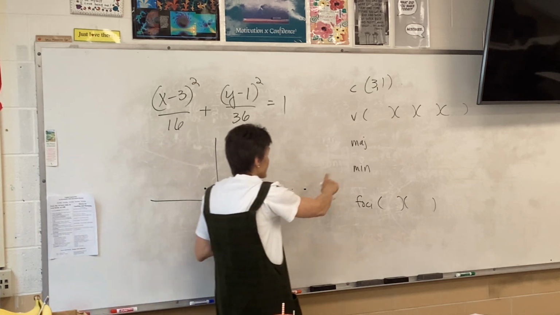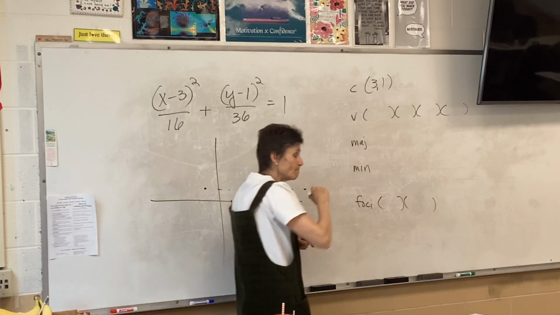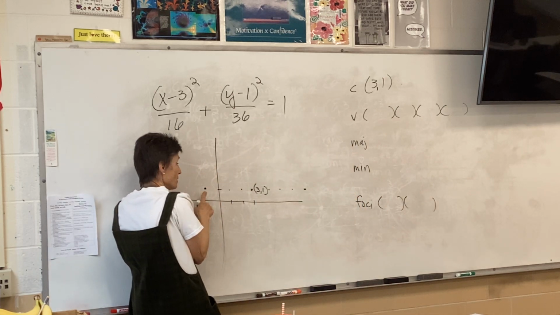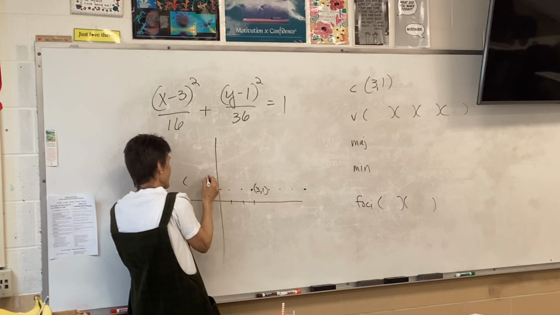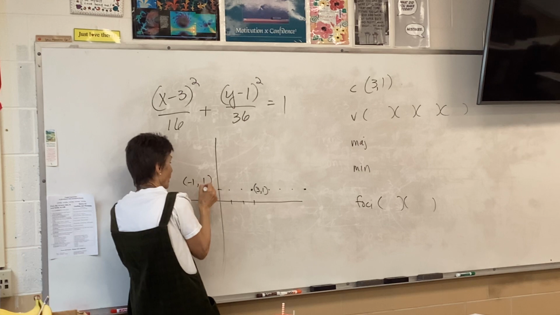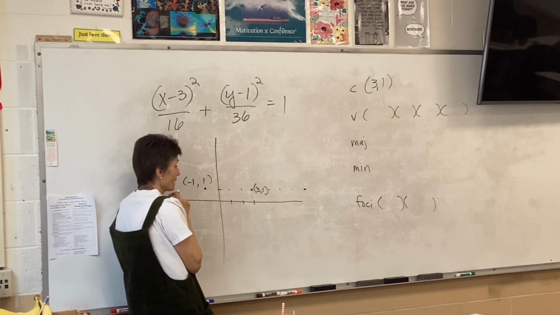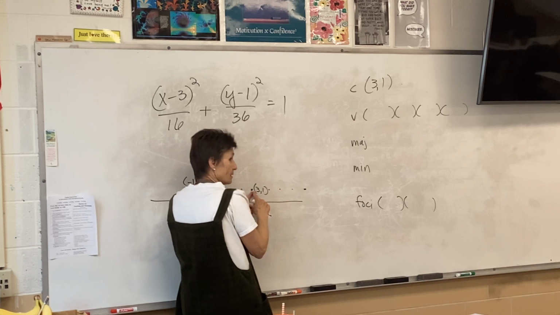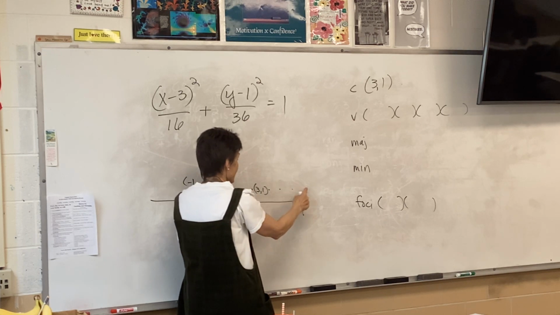These 2 points are 2 of these, okay? So if I start here at my center and I back up 4, count over 4, where do I end up? Negative 1, 1. And if I count forward 4, 3, 4, 5, 6, 7, 1.